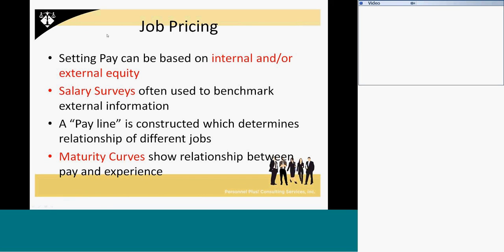Pricing, in other words, what do you pay people to do certain work, can be based on internal or external equity. Internal is where you use a job classification and you allocate people to certain pay ranges based on similarities to other jobs. So under an internal equity system, you determine that, for example, everybody who's fresh out of school with a pre-professional degree gets put at pay grade 12.